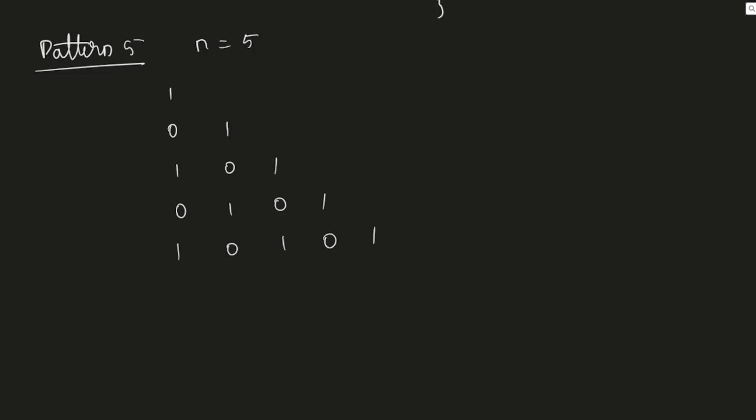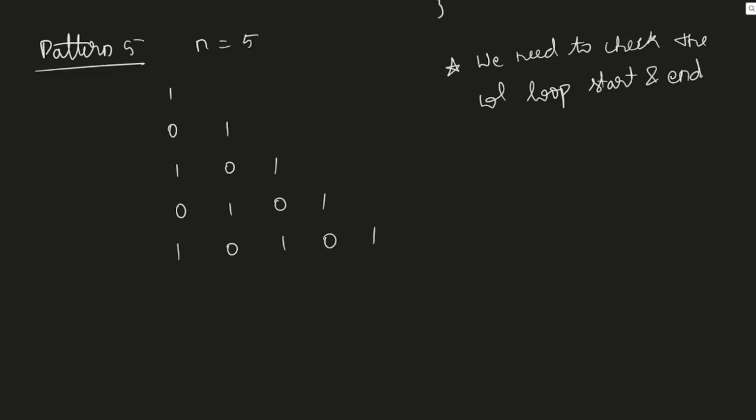If you closely observe this pattern, there are actually two things. One is we need to check the column loop, start and ending condition. This is pretty simple.